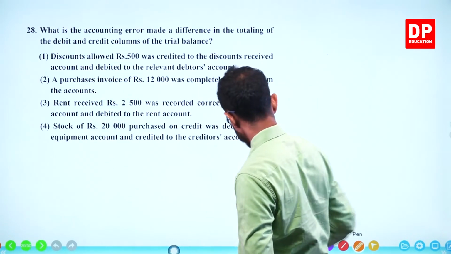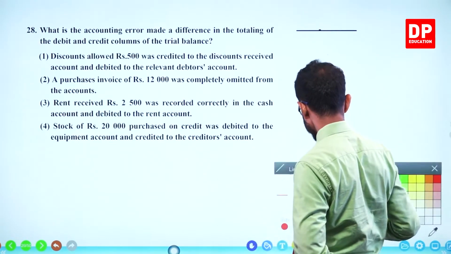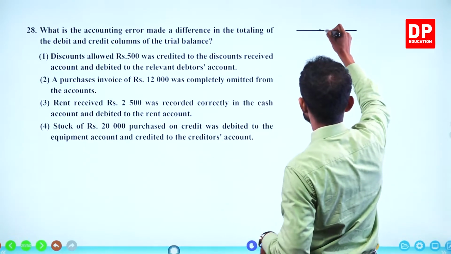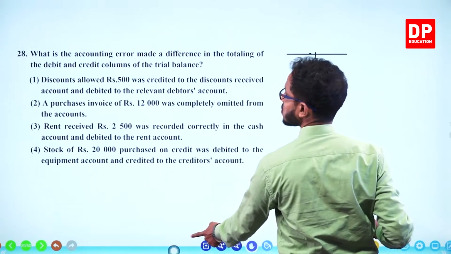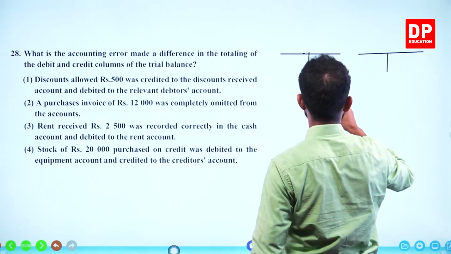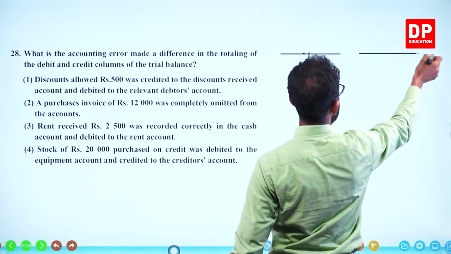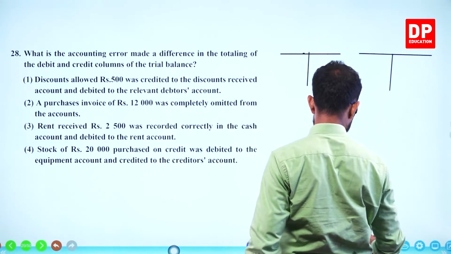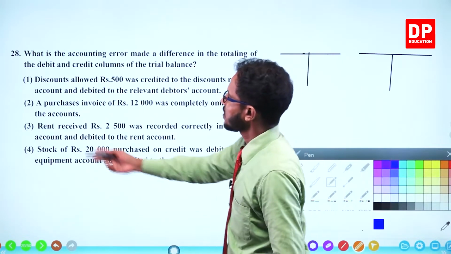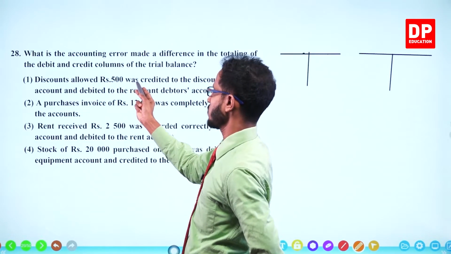Discounts allowed 500, right? Let's draw some small T accounts. That's how we work out errors. Discounts allowed 500 was credited to the discounts received.